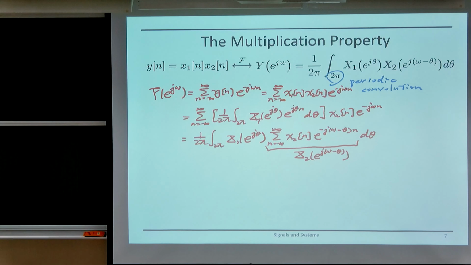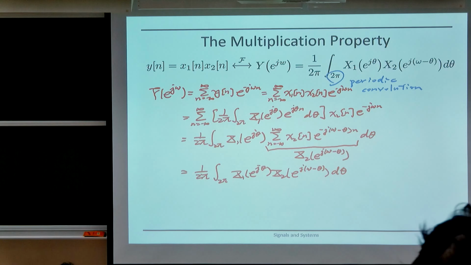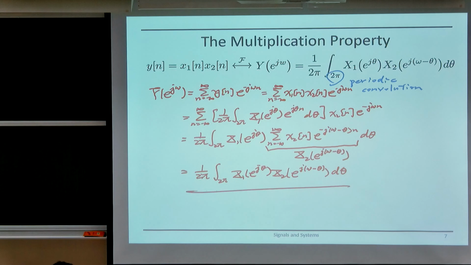So if you plug that in, we get the result that we want, which is 1 over 2 pi, the integral of X1(e^j theta) X2(e^j(omega minus theta)) d theta. Okay? So this is the result that we want.